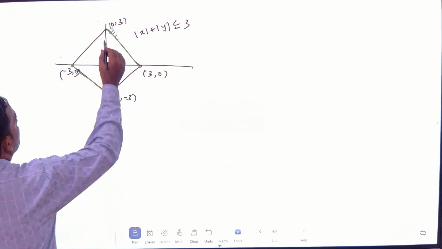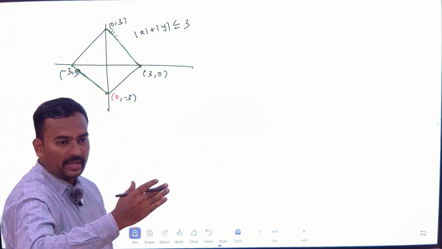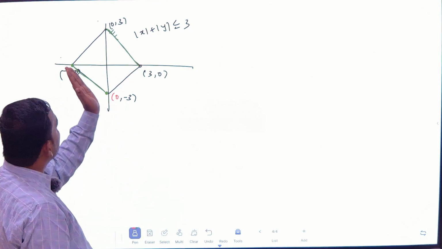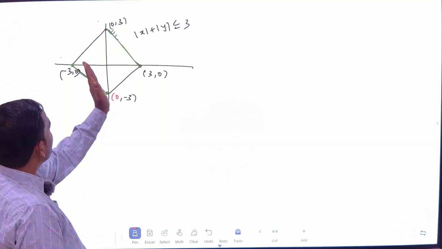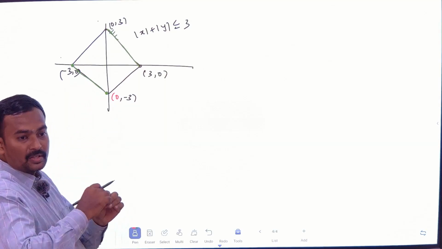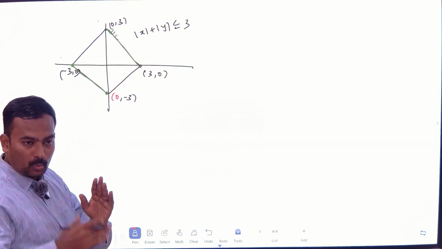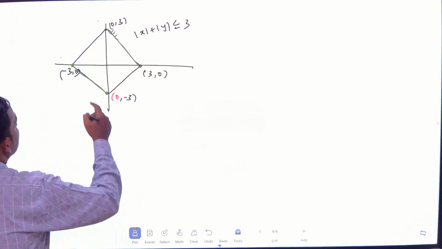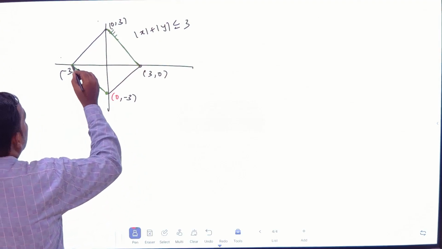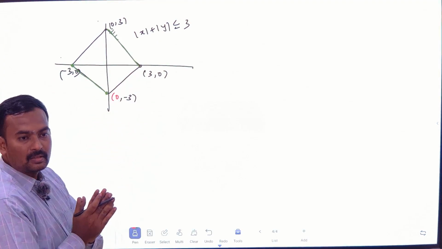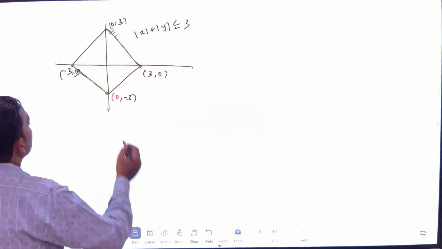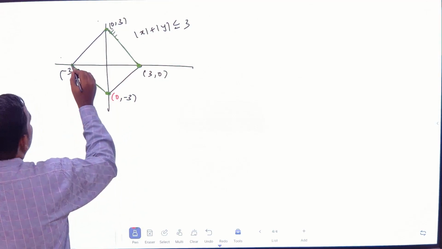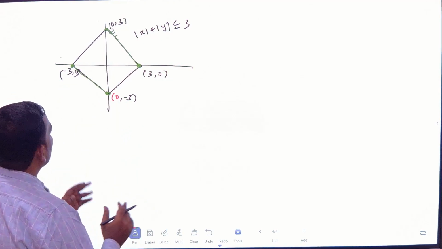Corner points only. The first graph is the boundary and above region. But the second graph is completely on the boundary and inside the region. The common points are 0 comma 3, 3 comma 0, 0 comma minus 3 and minus 3 comma 0.